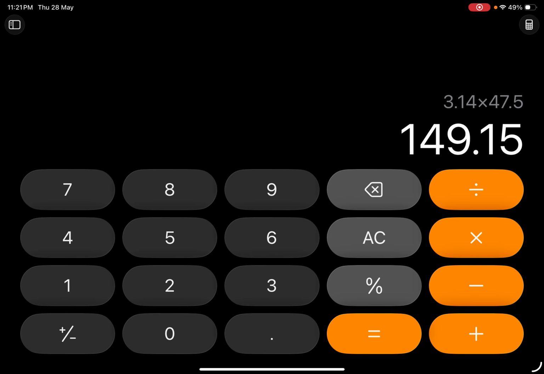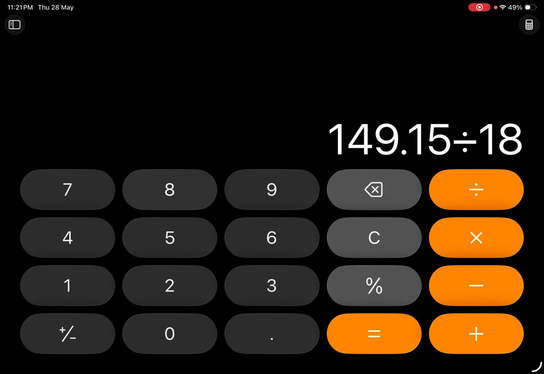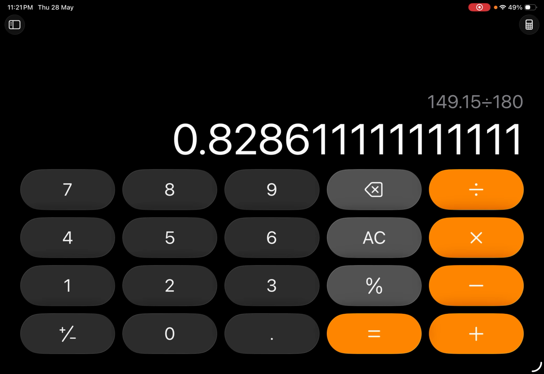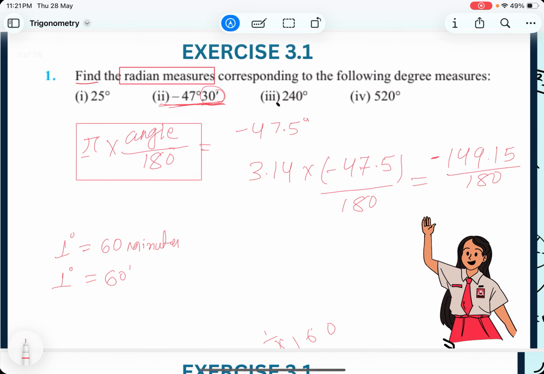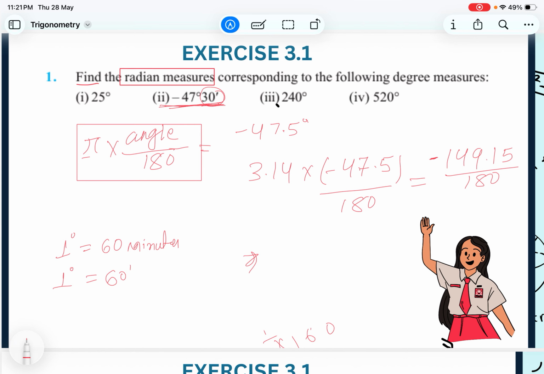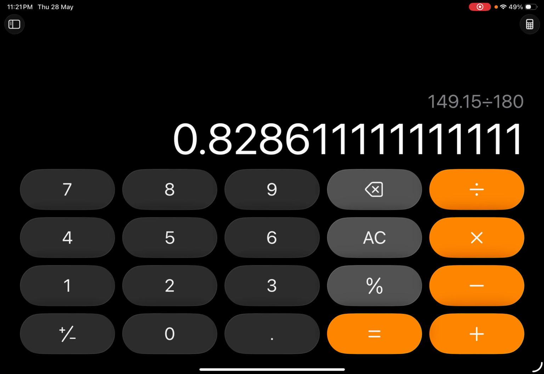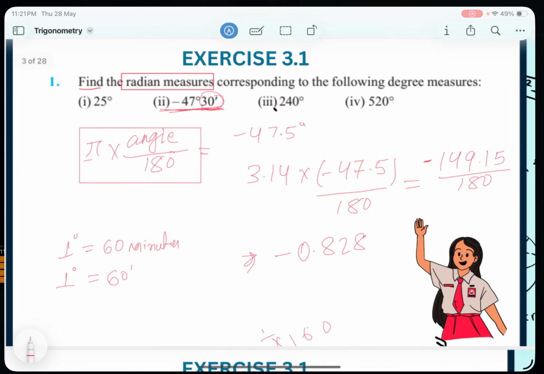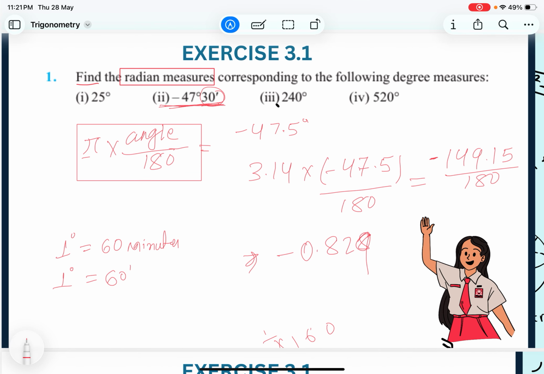So let's divide this by 180, and you will get minus 0.828, and you can also say 0.829.